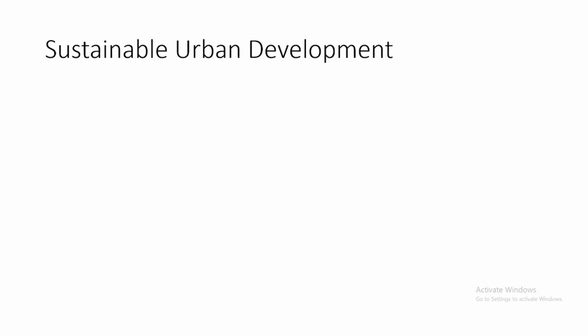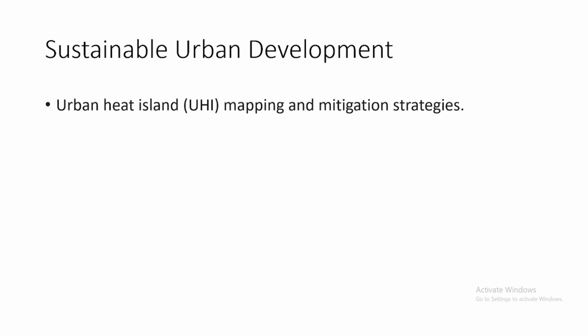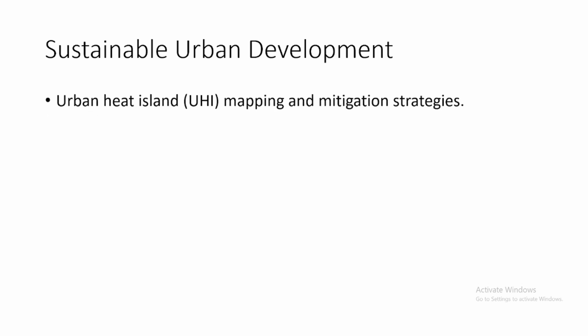As well as that, we also learn about sustainable urban development, how we can easily monitor it using remote sensing techniques. First of all, for sustainable development you need to know what urban heat island mapping and mitigation strategy are.